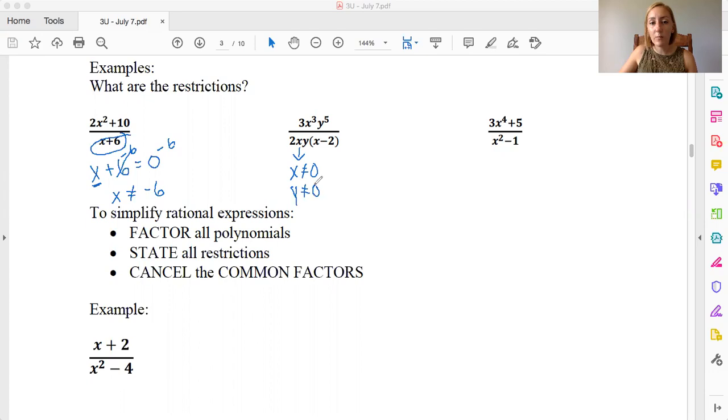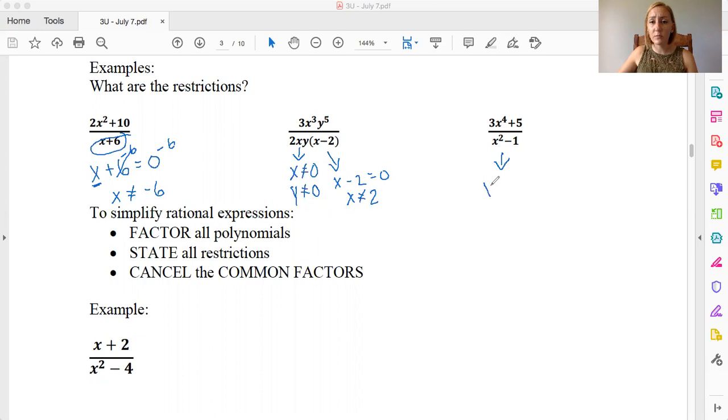Same thing with y can't be equal to 0. And then the next one would be x minus 2 is equal to 0, and we solve for x, so x cannot be equal to 2. Those are our restrictions. So x can't be equal to 0, y can't be equal to 0, and x can't be equal to 2. I hope that makes sense.